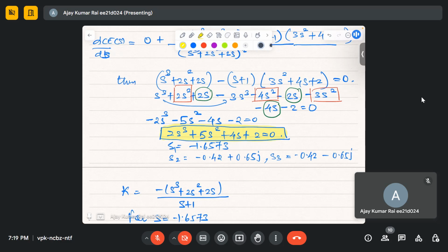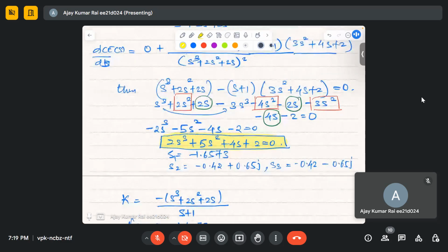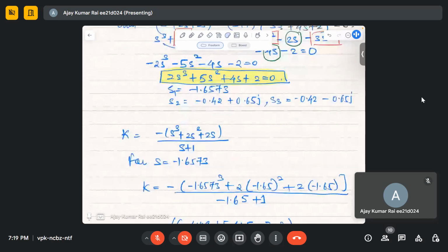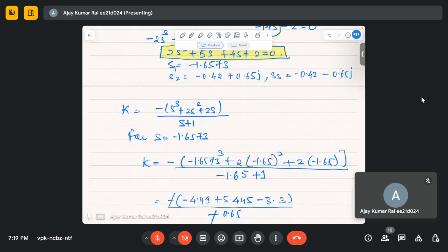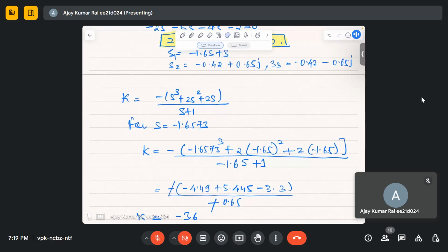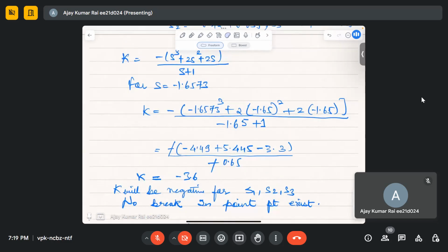Okay, so s1 is coming out to be minus 1.6 and s2 is coming out to be minus 0.42 plus minus 0.65. Let me just copy the roots from here because we are interested in the roots. I tried to find the value of k for the real root s1, and I was getting minus 3.6.